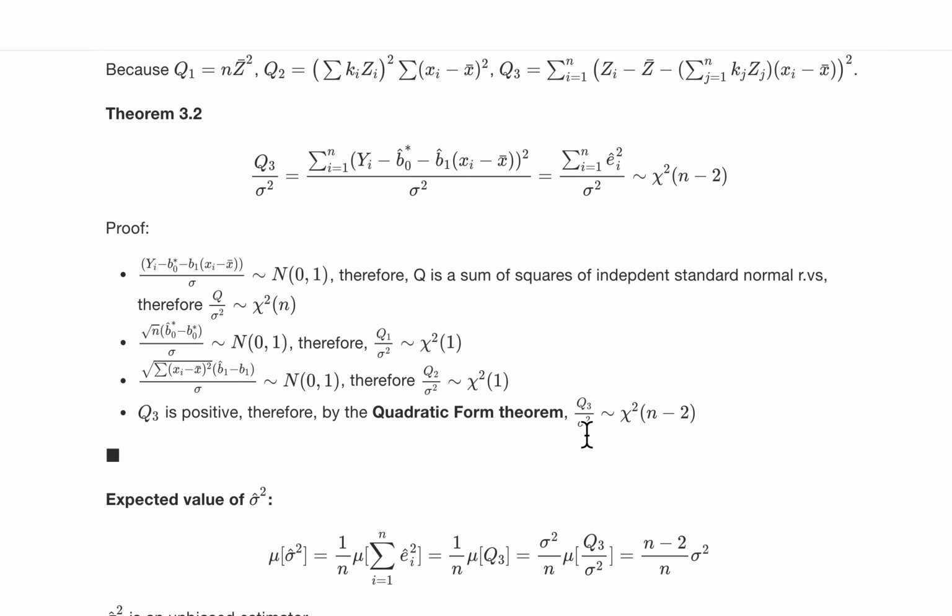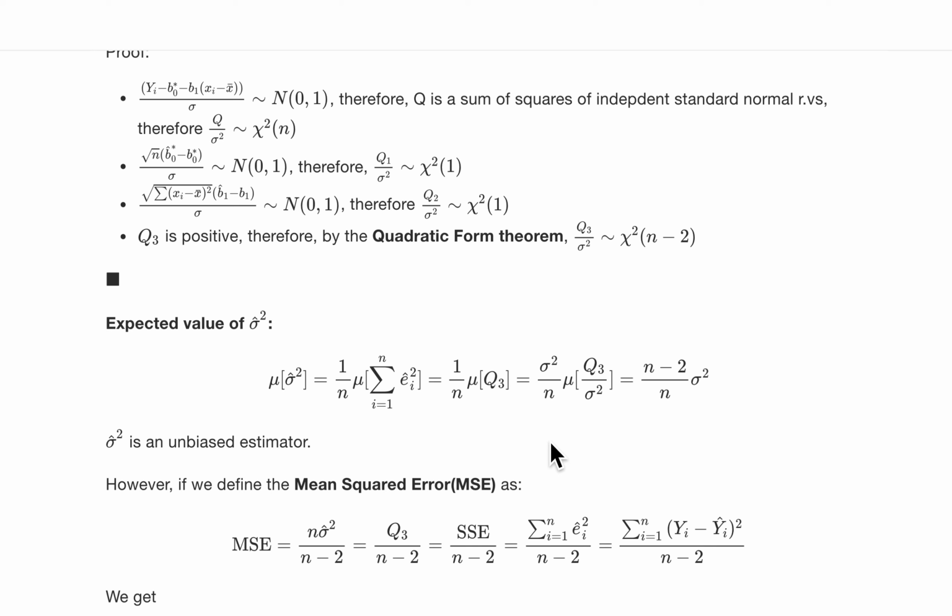Now we can conclude that Q3 divided by sigma squared is a chi-square of n minus 2 degrees of freedom. Because Q divided by sigma squared has n degrees, Q1 divided by sigma squared has 1 degree, and Q2 divided by sigma squared has 1 degree, so it becomes n minus 2 degrees of freedom.